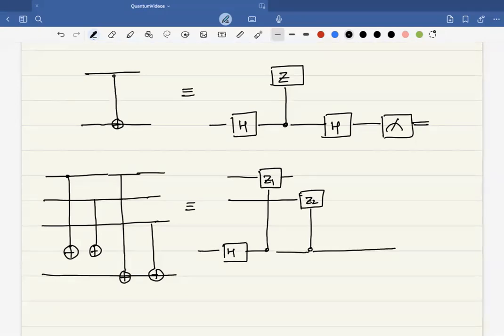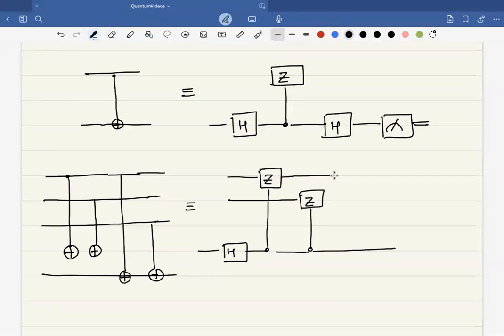And then also we have, actually I should just write Z over here. So this is Z, another Z. And we have Z1, Z3, right?